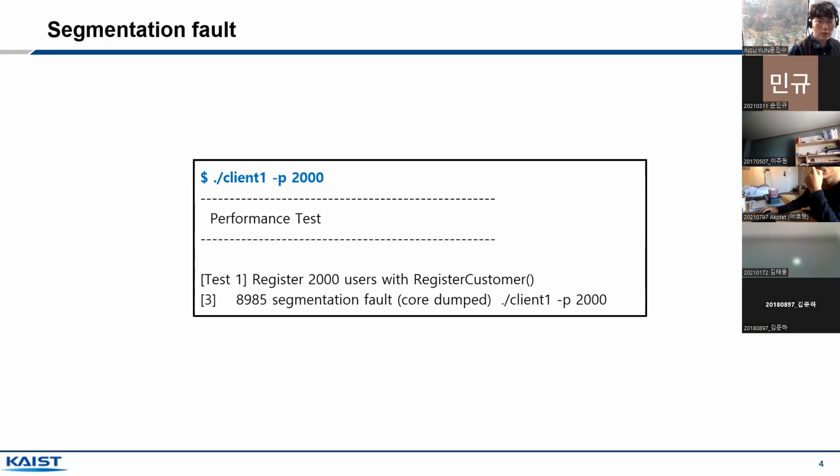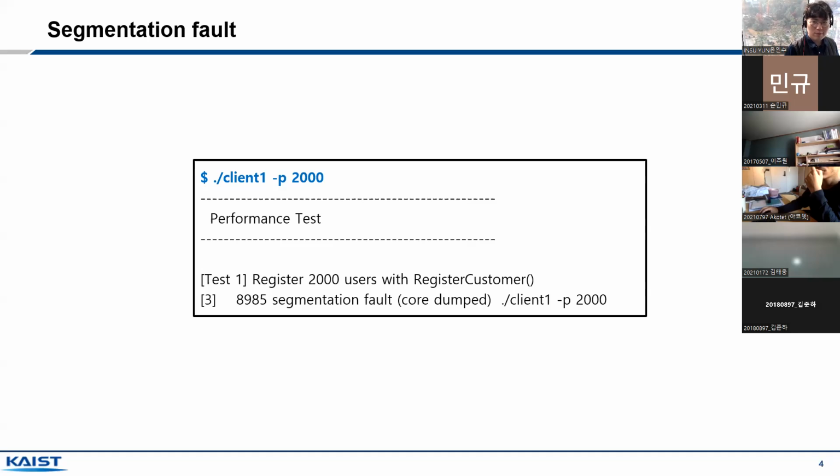If you were doing assignment 3 in EE209, you might see this kind of error message a lot. For example, if you type client 1 -p 2000, if you are taking EE209, you know what it means. It creates a large number of users and tries to unregister those.